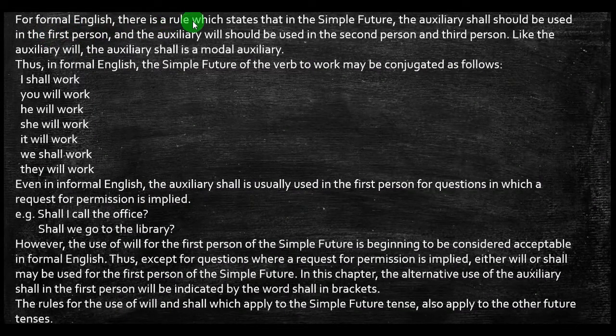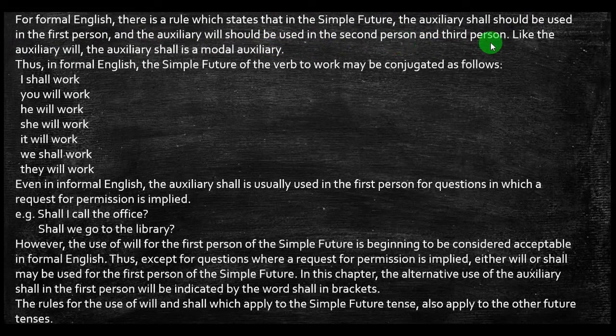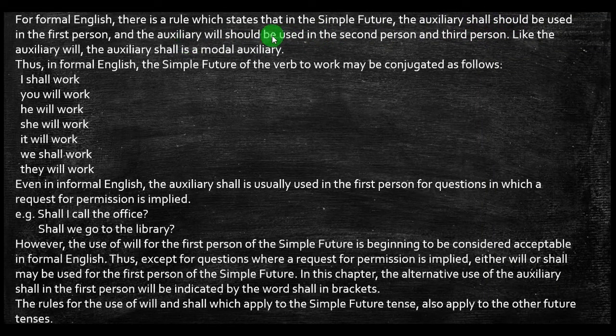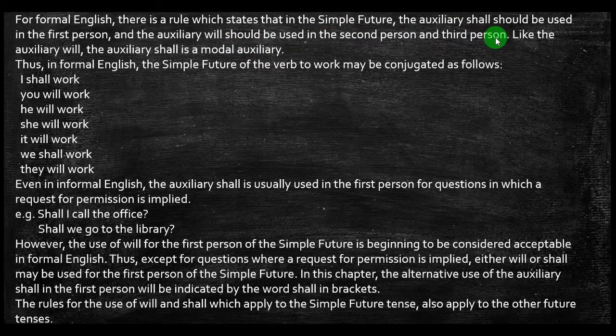For formal English, there is a rule which states that in the simple future, the auxiliary shall should be used in the first person and the auxiliary will should be used in the second person and third person. हाँ, अब इसका मतलब है कि फॉर्मल इंग्लिश में, ब्रिटिश इंग्लिश में हम सिंपल फ्यूचर में फर्स्ट पर्सन प्रोनाउन जो कि I और we होता है उसके साथ हम shall का इस्तेमाल करेंगे. राइट. बाकी सभी के साथ सेकंड पर्सन you, थर्ड पर्सन he, she, it, they, इन सब के साथ हम will लगाएंगे, लेकिन I और we के साथ हम shall लगाएंगे.